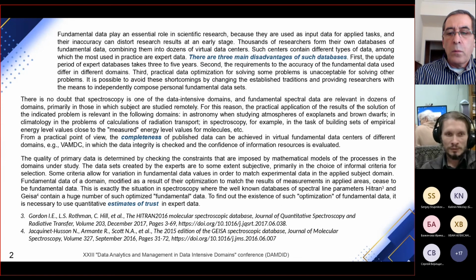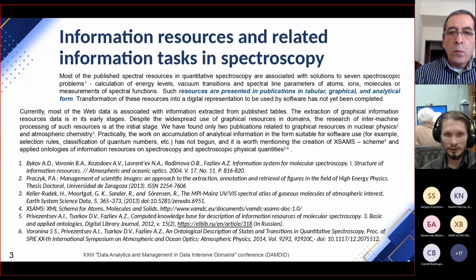We divide most of the published spectral resources in quantitative spectroscopy by 7 fundamental problems. These are the direct and inverse problems of calculation of energy levels, vacuum transitions, and spectral line parameters of different substances, and also the problem of measurement of spectral functions.